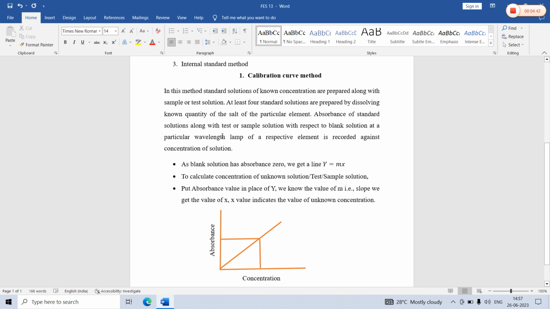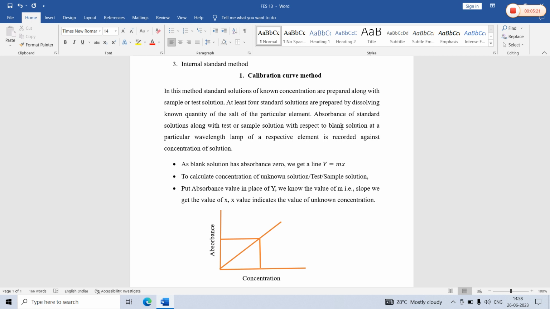The absorbance of the standard solutions along with the test or sample solution with respect to blank at a particular wavelength lamp of the respective element is recorded against the concentration of solution. Here we determine the absorbance in the form of intensity. A blank solution is a solution used as the solvent.